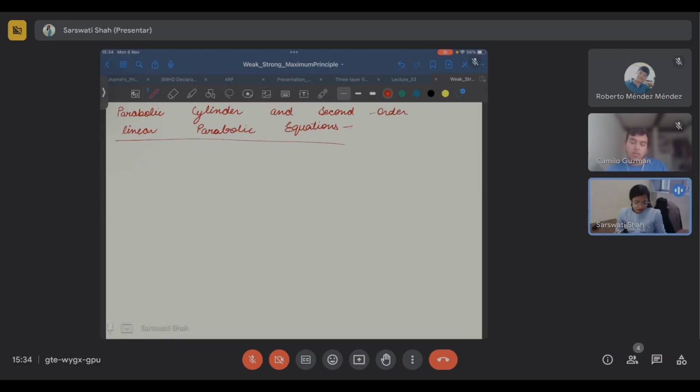Let's define some notation so that we can use it. I will write the notation from the book of Evans, and I will also write the notation which I am using. You can use either.